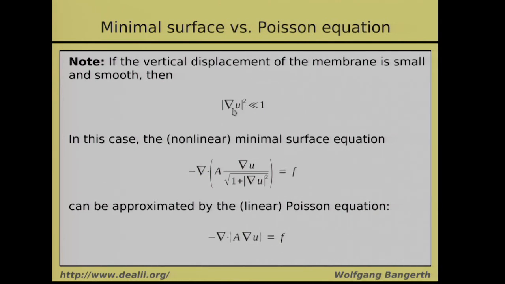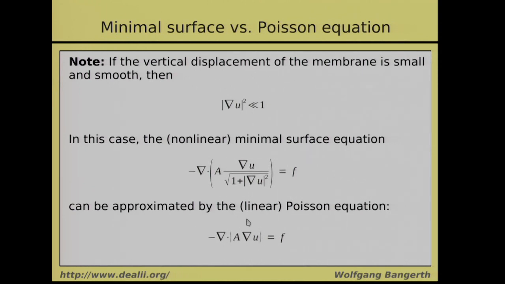If the gradient of u is much smaller than 1, then clearly in this equation here, 1 plus the gradient of u squared is in fact close to 1. And I can make the assumption that this term just equals 1, and I come out with an equation that approximates the original minimal surface equation that looks like this.